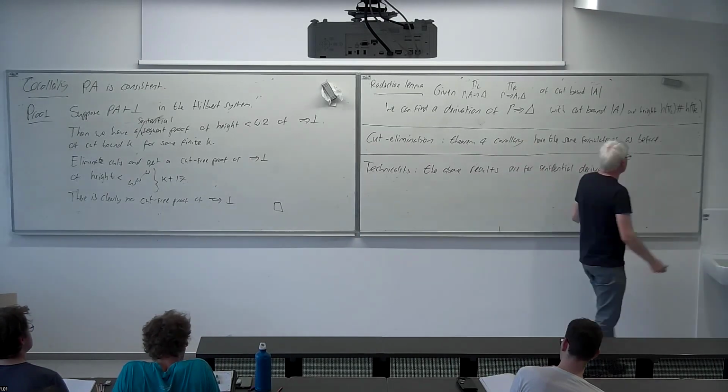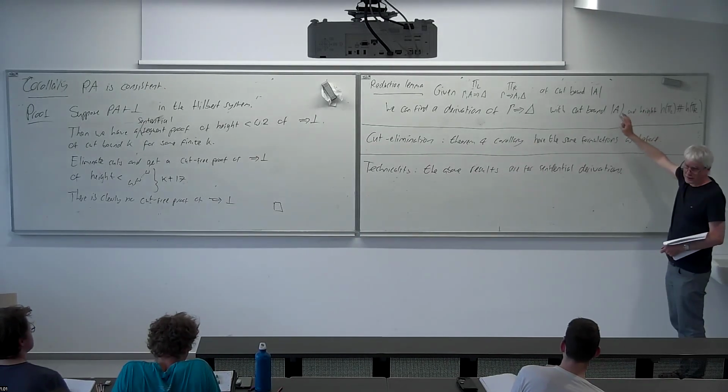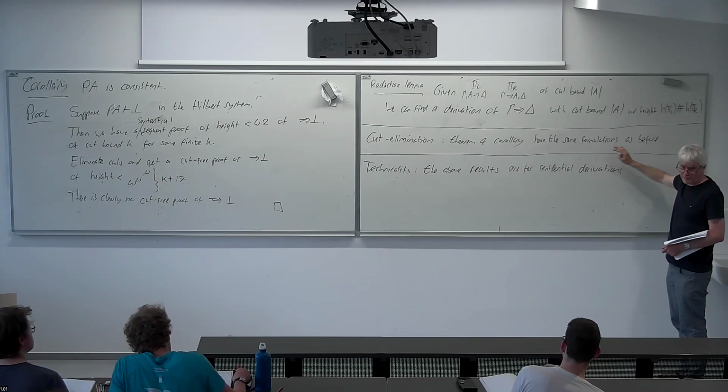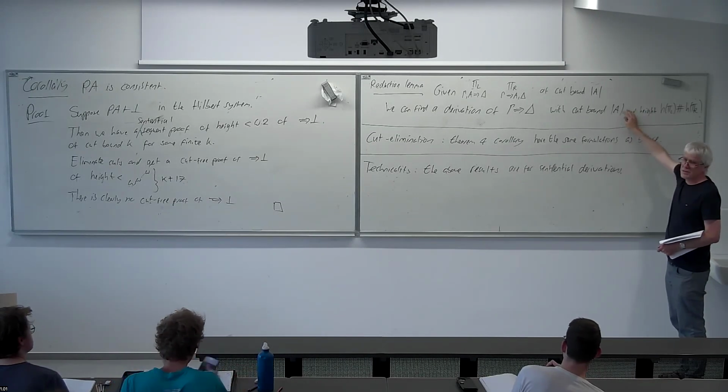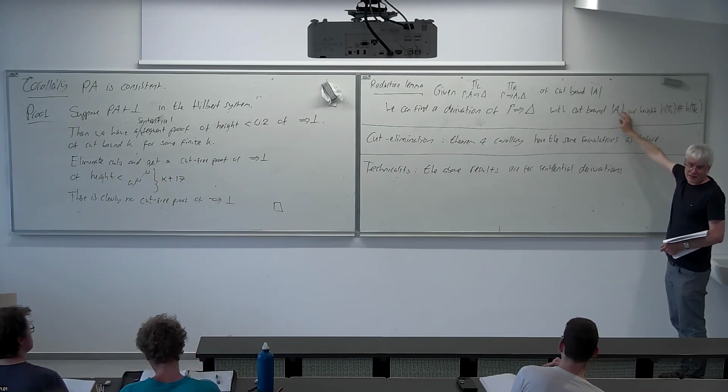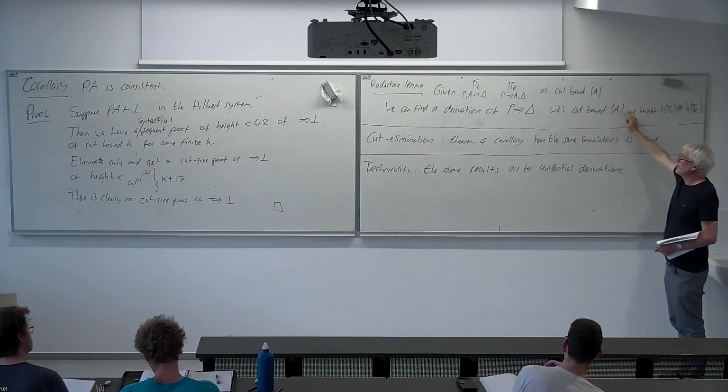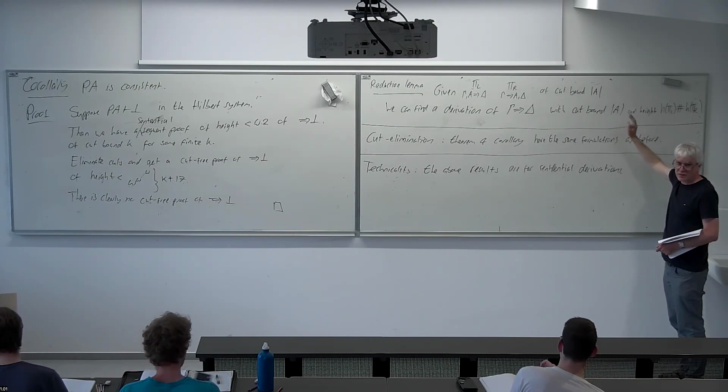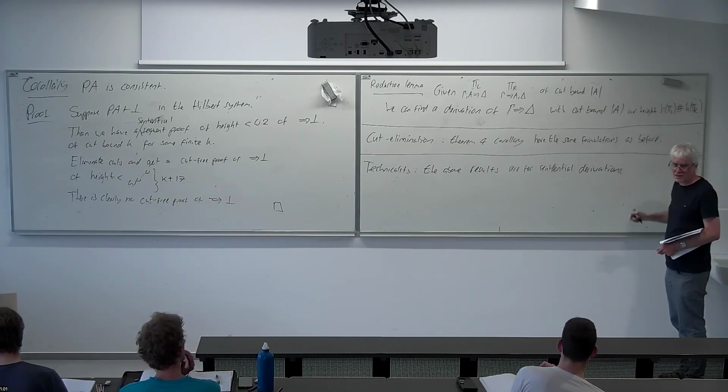So you can do that, and then you can try to prove these lemmas. And all these lemmas are proved. So in the case of Andrew's part of the lecture, they were all proved by induction on the height of derivations. In our case, they're again proved by induction on the height of derivations, but the height of the derivation is an ordinal. So we need transfinite induction on the height of derivations.